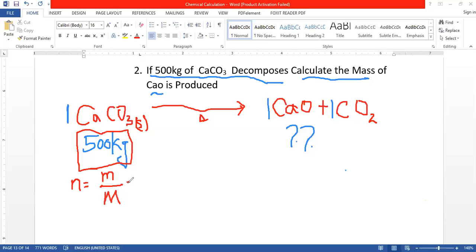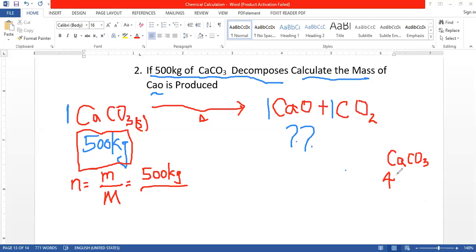So you should find this calcium carbonate mole. The given mass is 500 kilogram, and the molar mass you should find. I didn't give the molar mass because you are so familiar with these things. How to find the molar mass of calcium carbonate? CaCO3. What is the relative atomic mass of calcium?